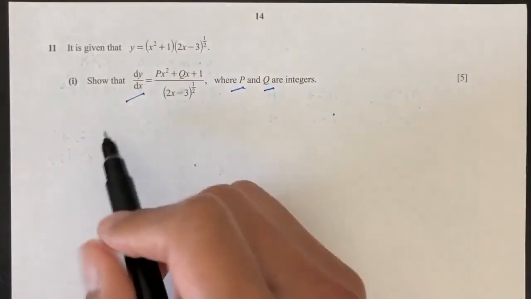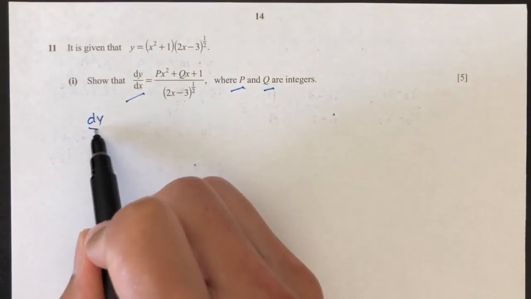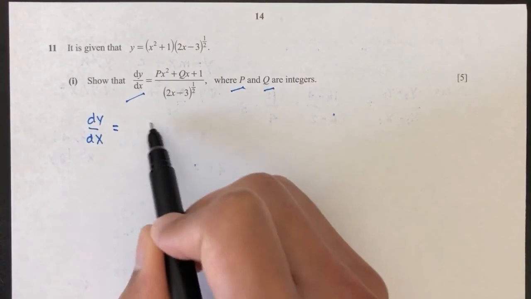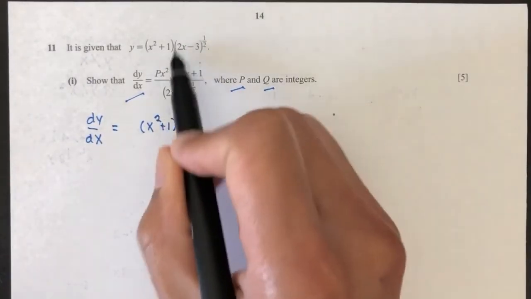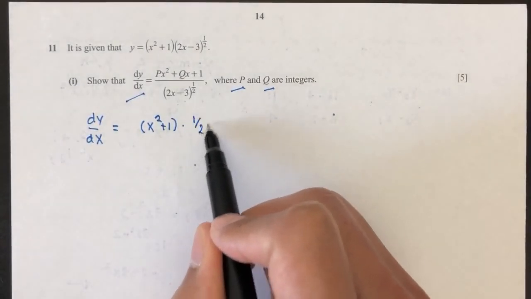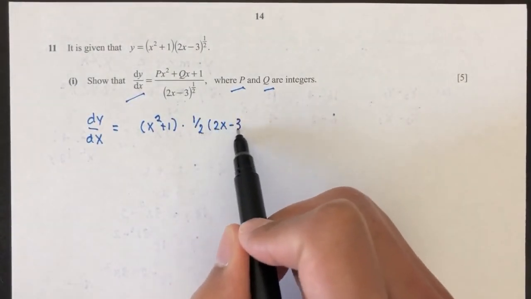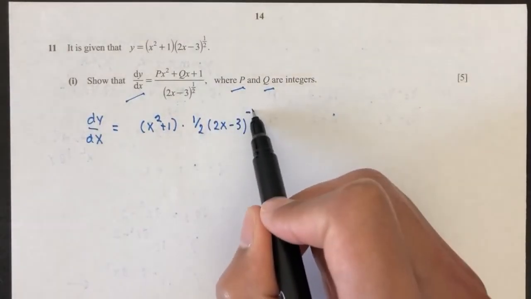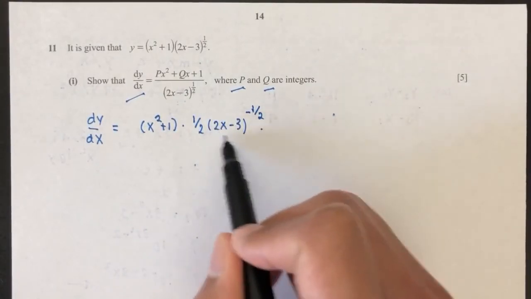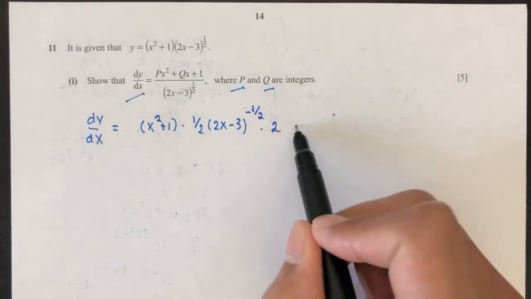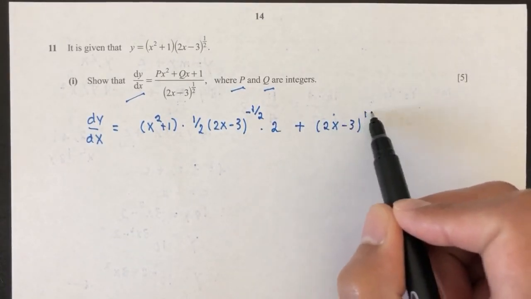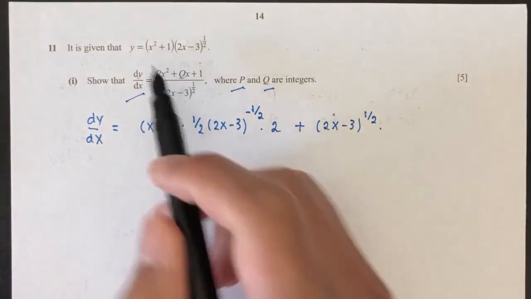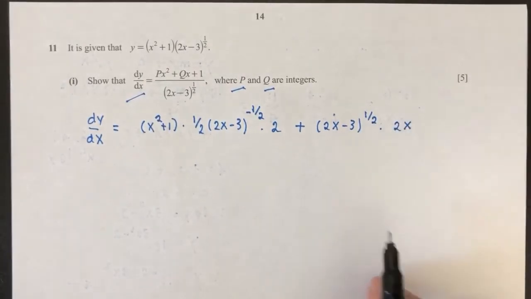So let's solve. Let's find dy by dx. So the first one remains the same. Then differentiate this one, we'll have half times 2x minus 3 to the power half minus 1, which is minus half, times the inside derivative, which is 2. Now plus, this one remains the same, and now we differentiate this one, we get 2x.